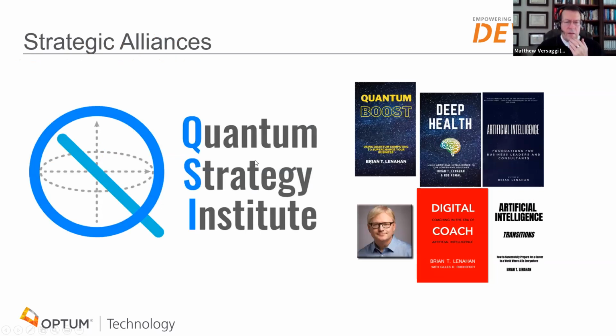I'm in the group here as well, this Quantum Strategy Institute run by Brian Lenihan. He's got a number of books out in this space. But the idea to have a think tank that's bent on business and adoption of this quantum space and takes a business strategic bent to it is really what's going to help you understand how to sell to your own internal constituencies, because they're looking at all those key areas that are pain points and how to overcome them.